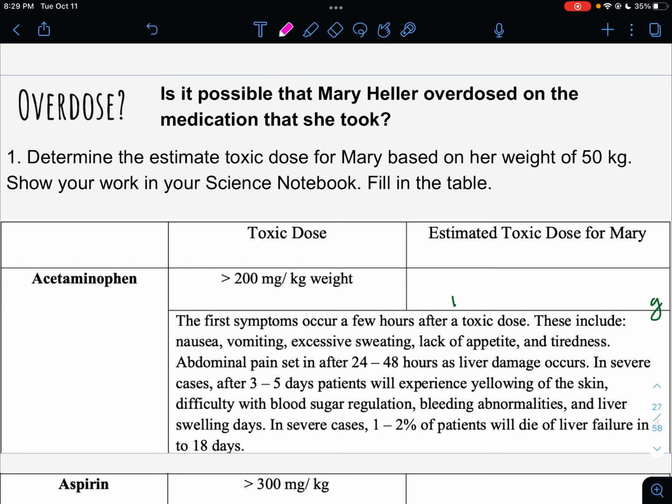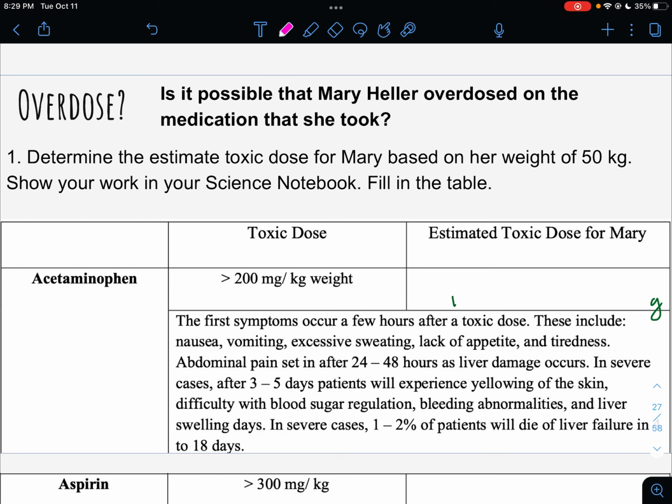So a common practice, especially when we know someone has taken medication, is to try to determine, did they accidentally take too much? Your body can only handle a certain amount of medicine, mostly because your liver is the one that processes toxins out of your body. So it can only process so much so quickly.